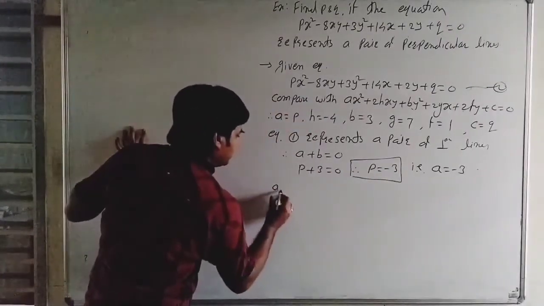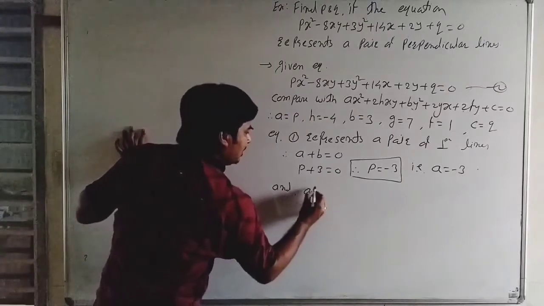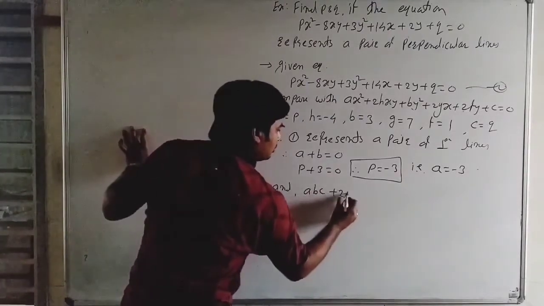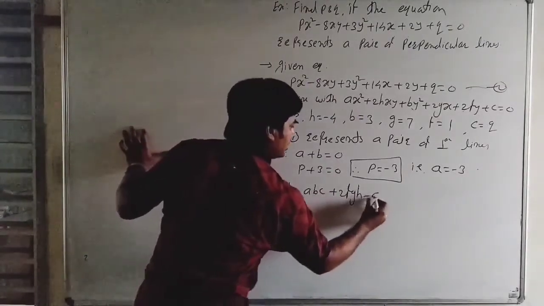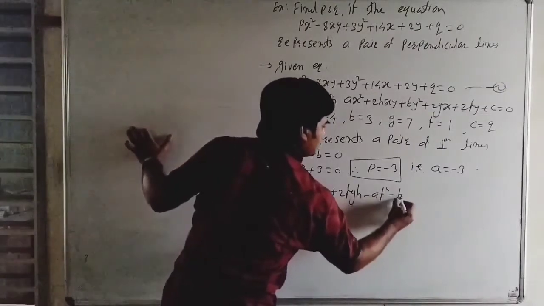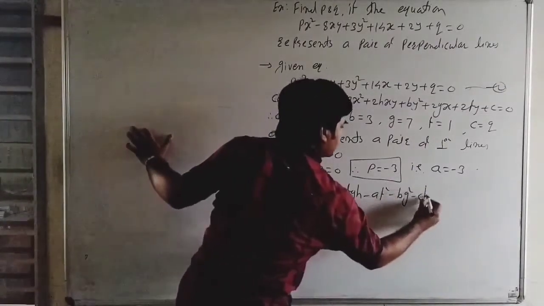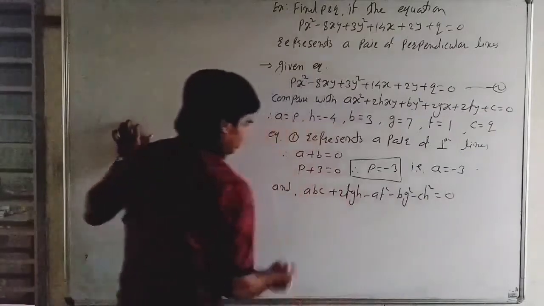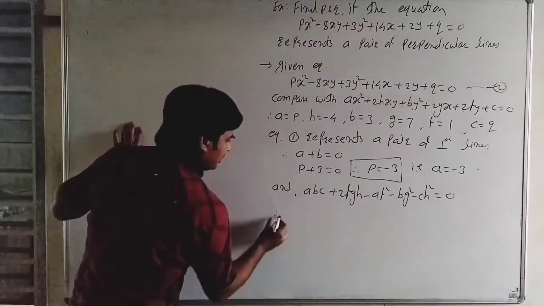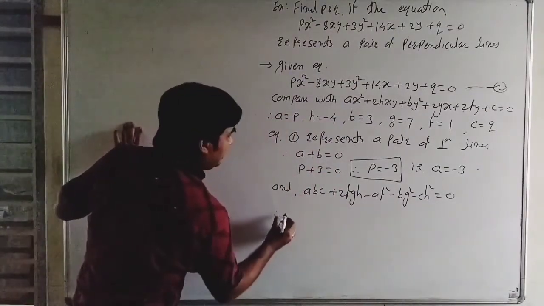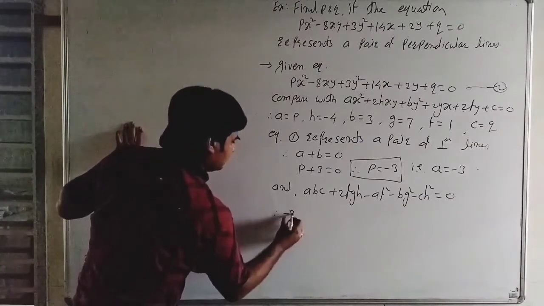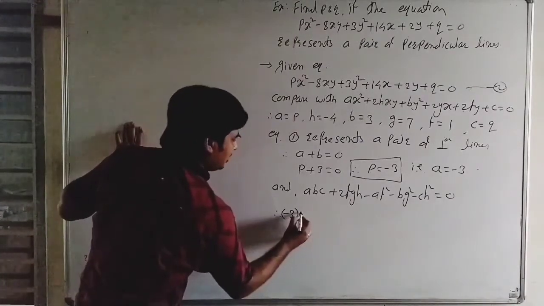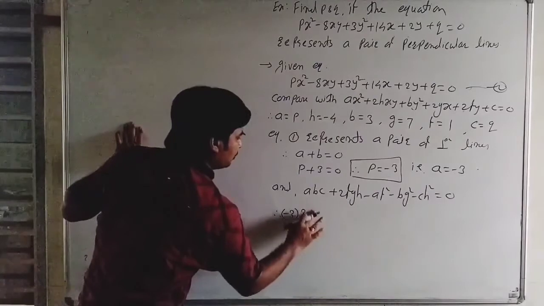Now, second condition: abc plus 2fgh minus af square minus bg square minus ch square equal to 0. Therefore, put all the values. Here a is minus 3, b is 3, c is q.